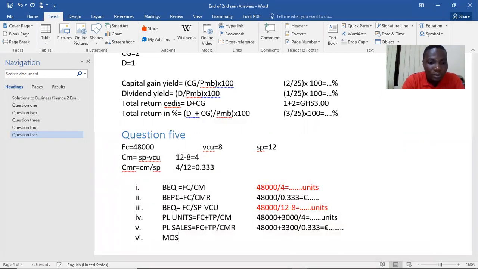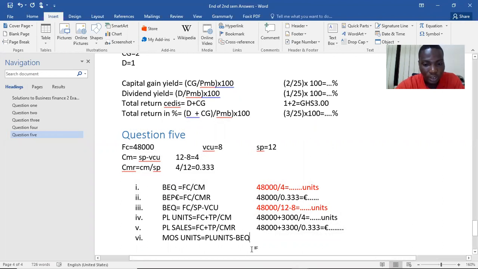Now, margin of safety in units is given by your profit level units minus the break-even units. So your profit level units minus the break-even units give you your margin of safety in units.